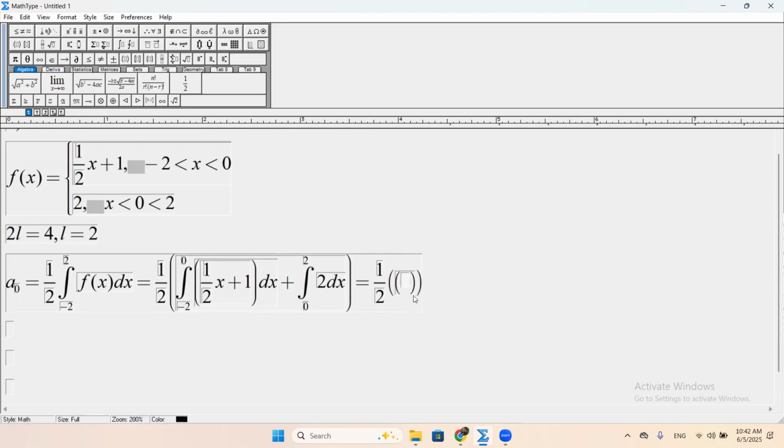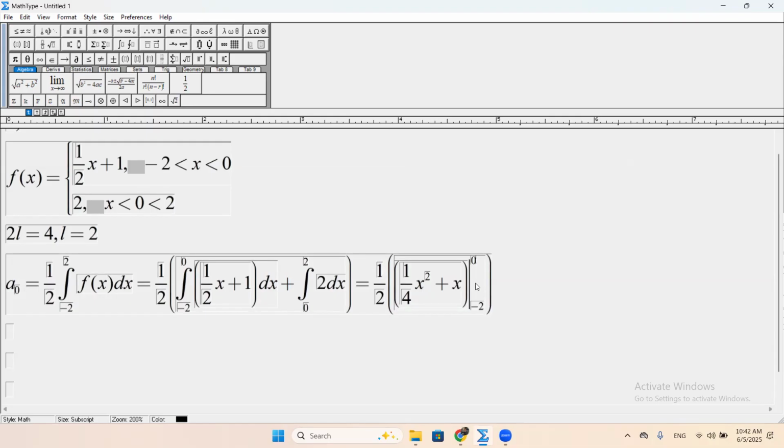What I received here: 1 over 4 x squared plus x with substitutions from minus 2 to 0, and plus 2x with substitutions from 0 to 2.